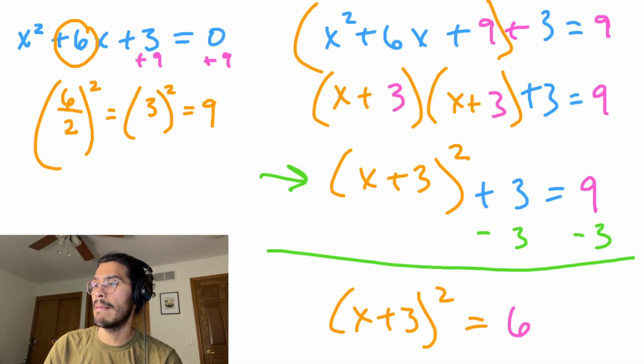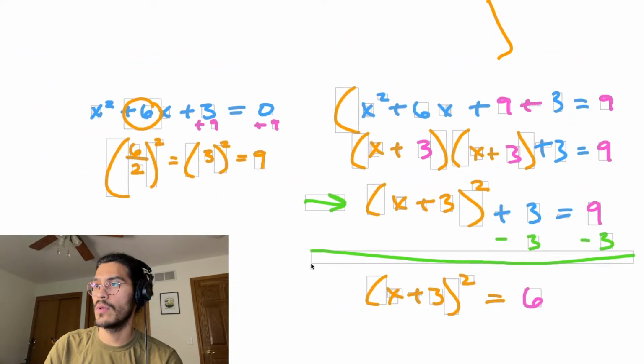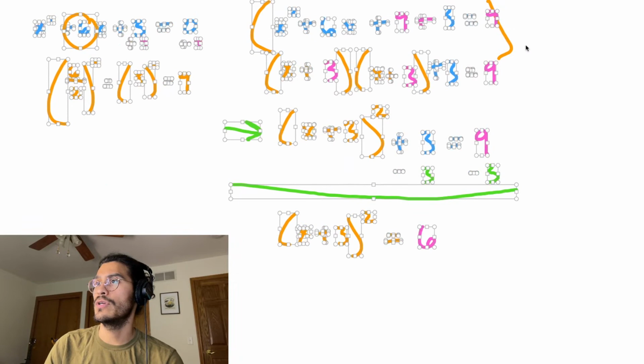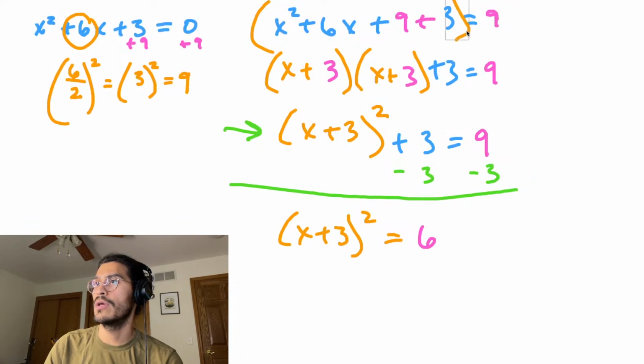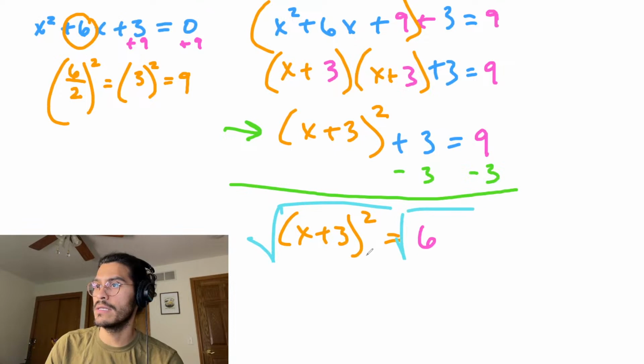Well, from there, we can solve. So from here, we say x plus 3 squared equals 6. Okay, well, what if we square root both sides?